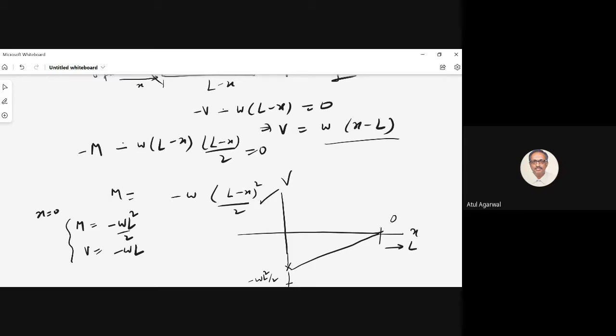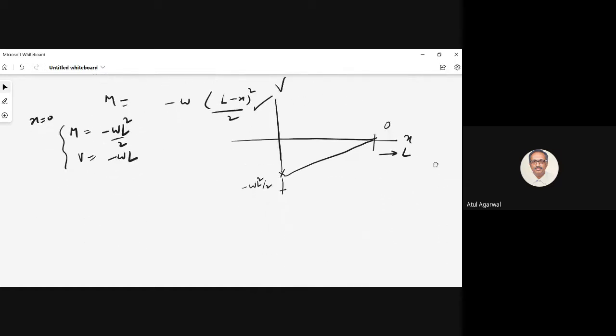You see, this curve is a shifted curve. At x equal to L, you are having 0. So you have to plot it. Right now, I am running out of time. Okay. What more do I want to tell you?